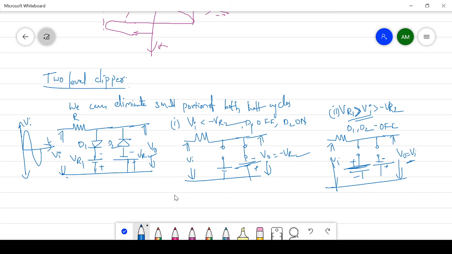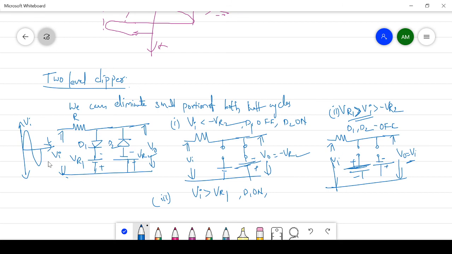The third condition is Vi is greater than VR1, above the reference voltage VR1. In this condition diode D1 is on. The high voltage above the reference voltage VR1 is applied to diode D1, so it is on. Compared to VR2, VR1 is the positive reference voltage.